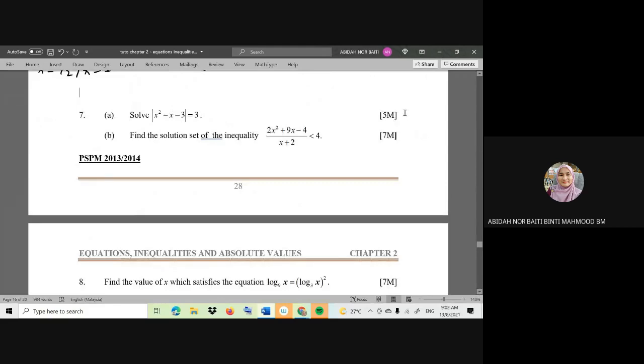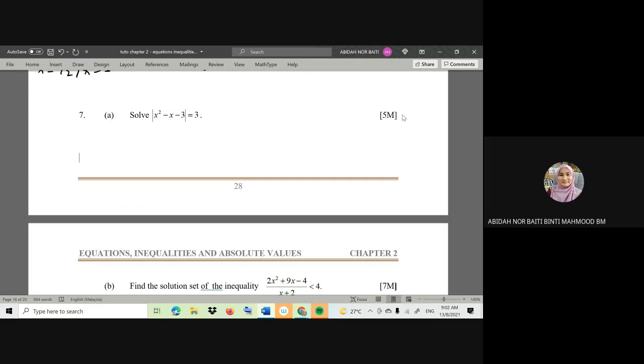Number 7A pun samalah. Number 7A, what method we use? We can use basic definition of squaring both side ya. Tapi untuk soalan macam ni senang kita pakai basic definition sahaja. Okay, x squared minus x minus 3. Satu positive 3. Satu lagi adalah negative 3. Okay, basic definition. One positive, another one is negative.